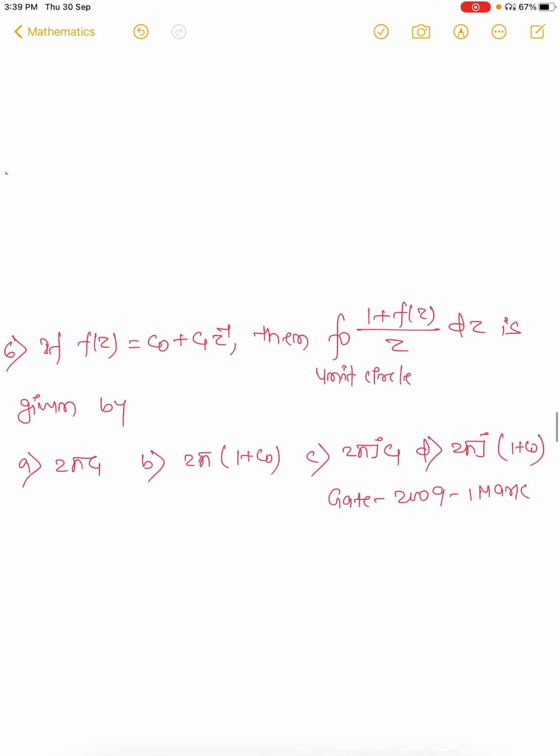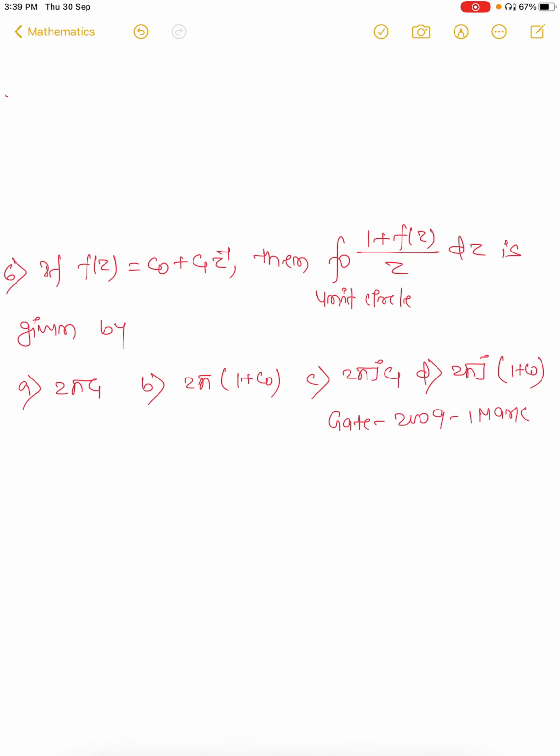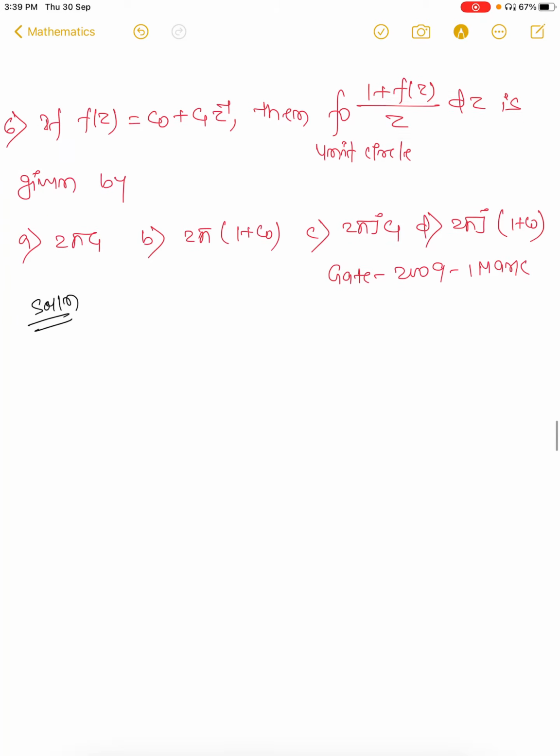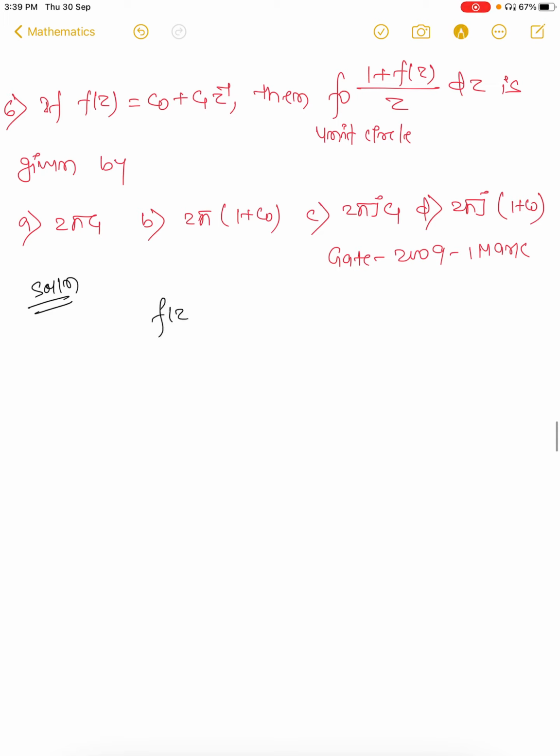Now next question. If f(z) is equal to c0 plus c1 z inverse, then find the integration over the unit circle of (1 plus f(z)) upon z dz. So solution: f(z) is equal to c0 plus c1 z inverse.